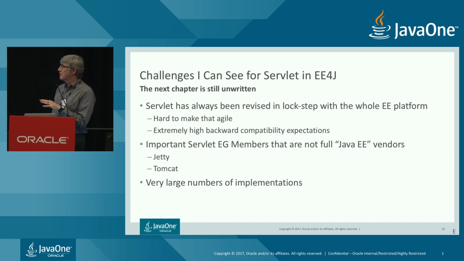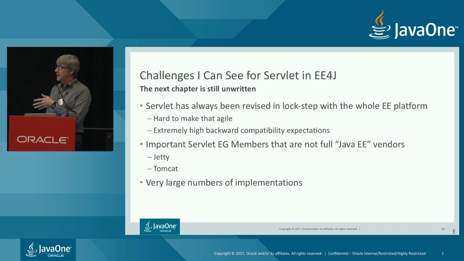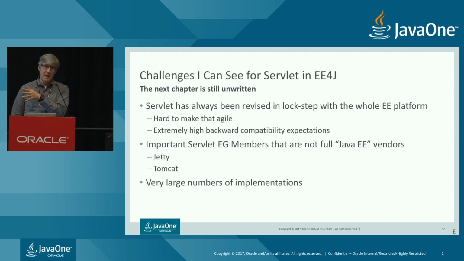Servlet has always been revised in lockstep with the whole EE platform. If the stated objective of EE4J is to make it more agile, it's going to be hard to do that, right? Also, Servlet has extremely high backward compatibility expectations, and important Servlet EG members are not full Java EE vendors. So that question is going to have to be addressed.